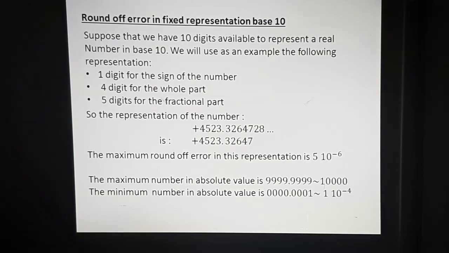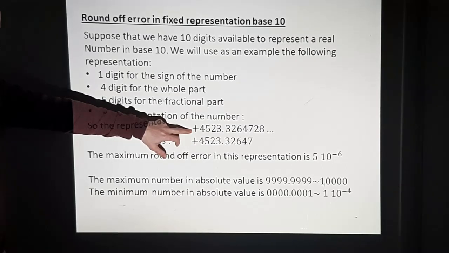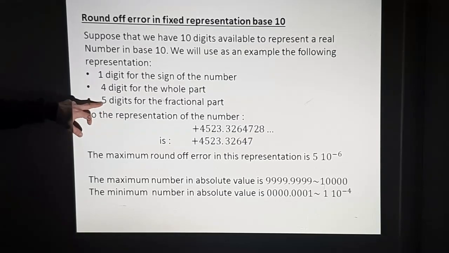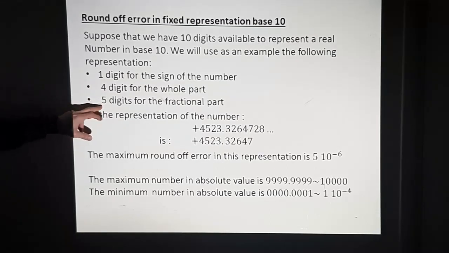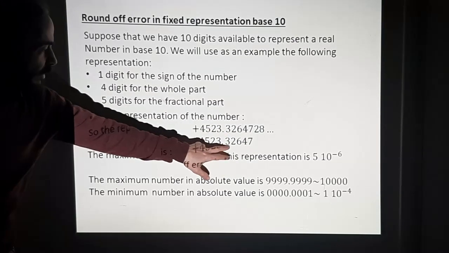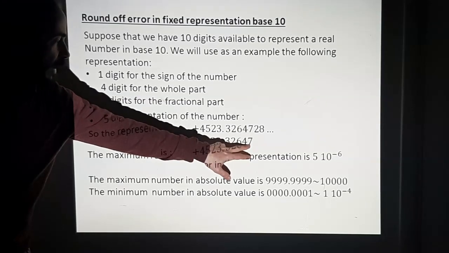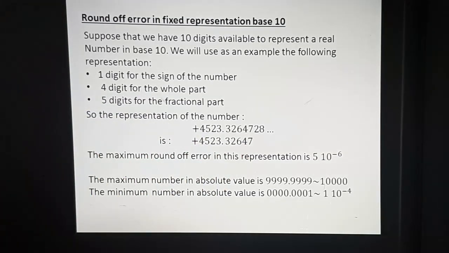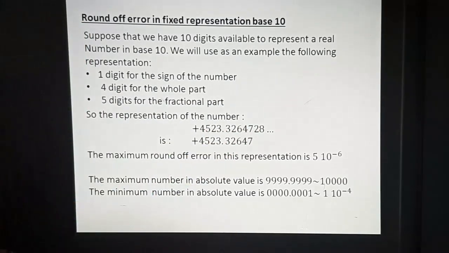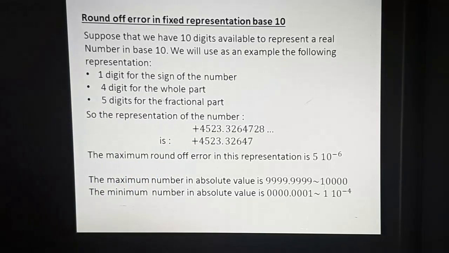For example, if we have this real number here, because I have only 5 digits for the fractional part, I will consider only the 5 digits, and I will round these digits to the closer value, so 7 here. If it was 6, 8, for example, it would be 8 here. And the round-off error is the difference between the two values.